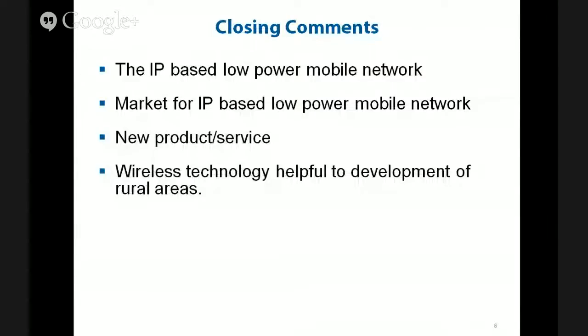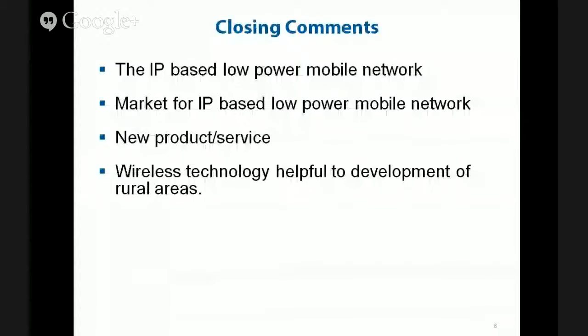This is just a new product in the market and a new kind of service. So wireless technology is helpful for deployment in rural areas. So how we can provide the coverage in those rural areas by using this IP based low power equipment connecting to the GSM users.